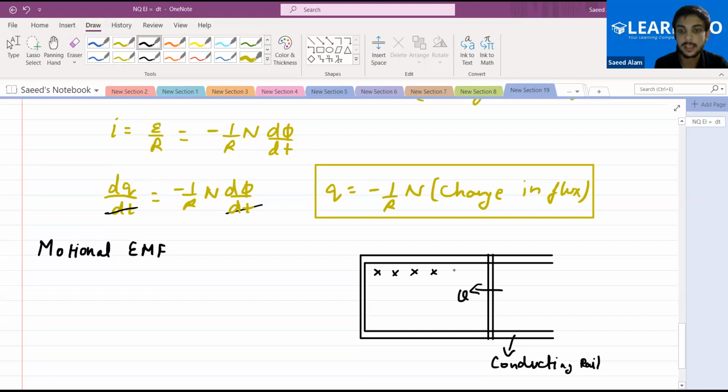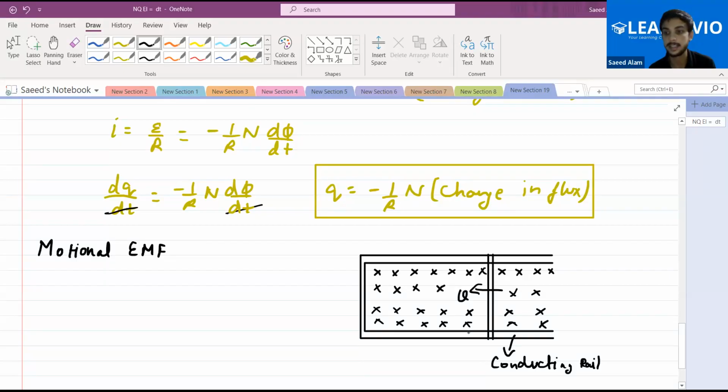This direction shows that the magnetic field is pointing inside it, somewhat like this.